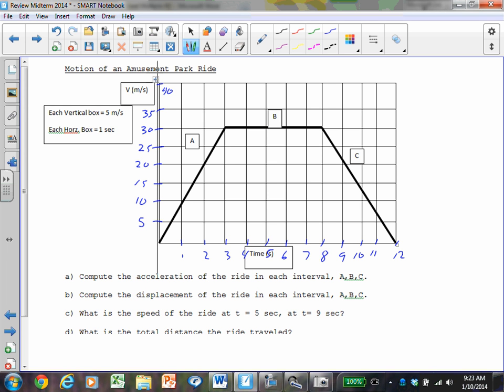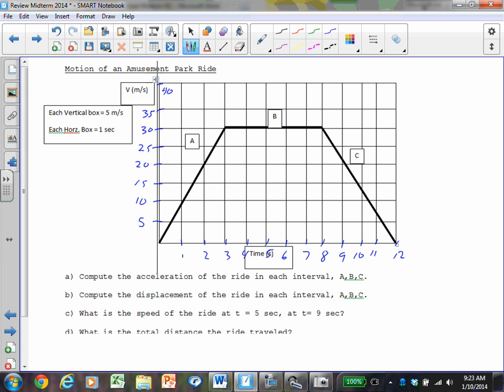So we can use these values of VI is 0 and VF up here is 30 and delta T is 3 seconds and we would get the same acceleration as if we got the slope.